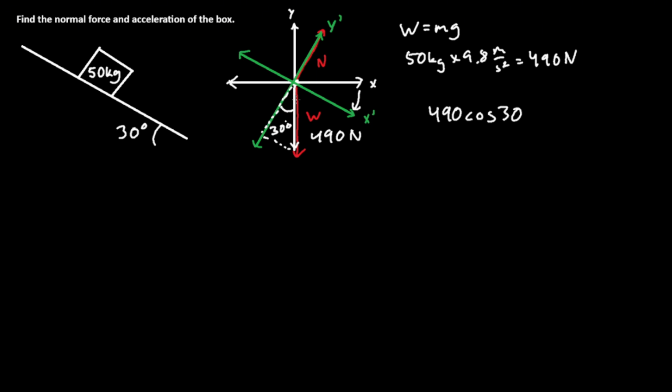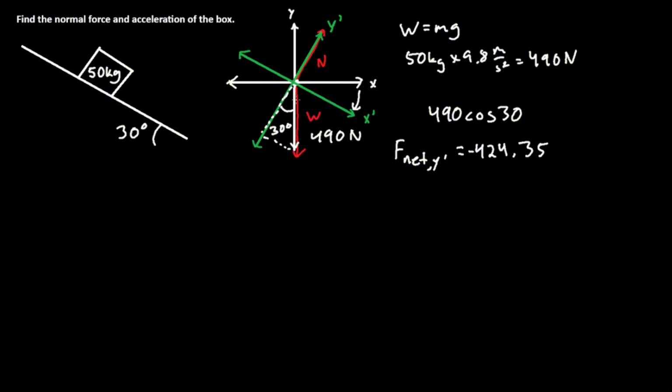So if you multiply your weight force by the cosine of 30, you will get the adjacent side of this angle here. And this adjacent side is your new F net of y prime. I'll be more specific here. So if you do calculate 490 times the cosine of 30, you get 424.35 newtons.